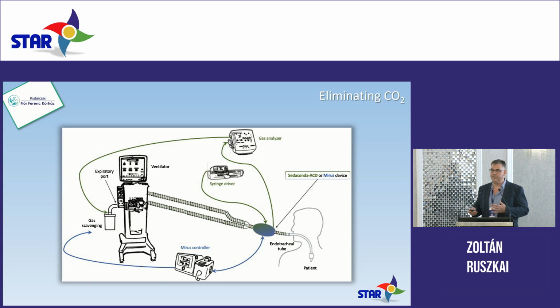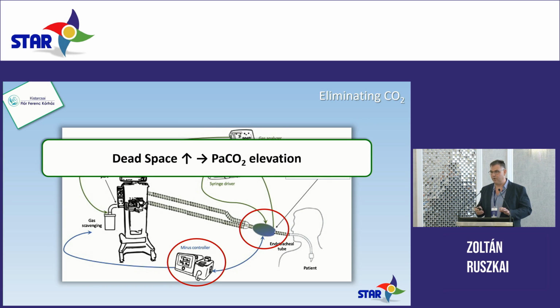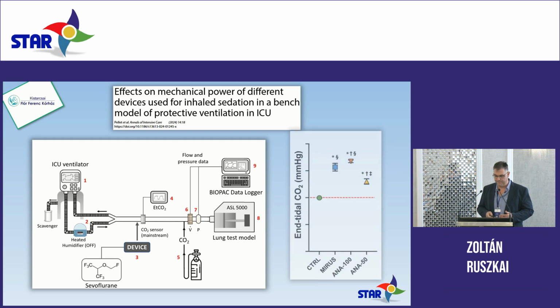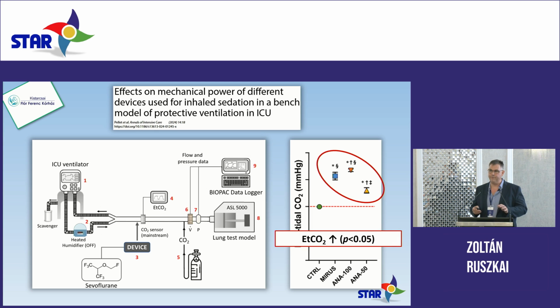What about eliminating carbon dioxide? We all know if we put something into the breathing circuit, it will add some dead space. And this can cause elevation in arterial carbon dioxide tension. So this was an experimental study using lung test models, and they compared three types of microvaporizers, the Mirus, the 100 milliliter and the 50 milliliter Anaconda or Sedaconda devices, and all of them elevated the end-tidal carbon dioxide significantly.